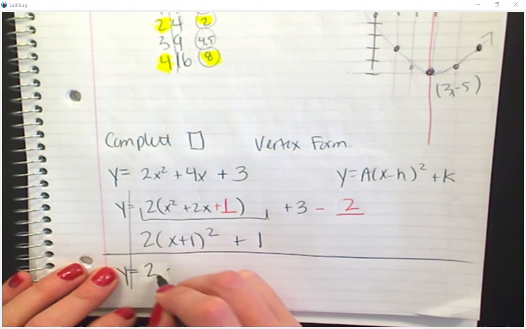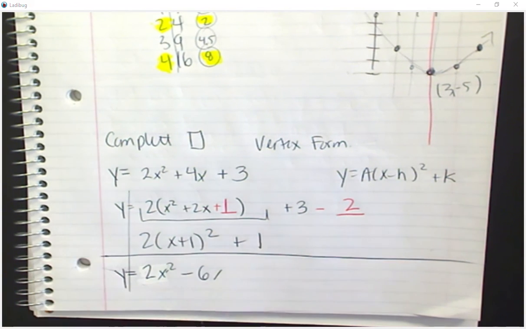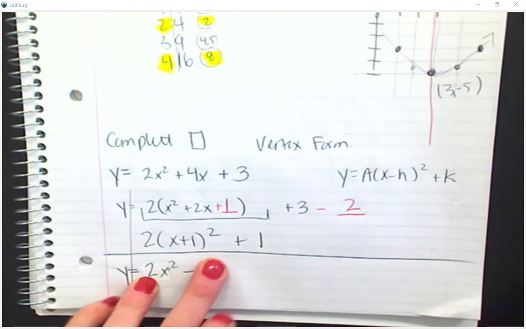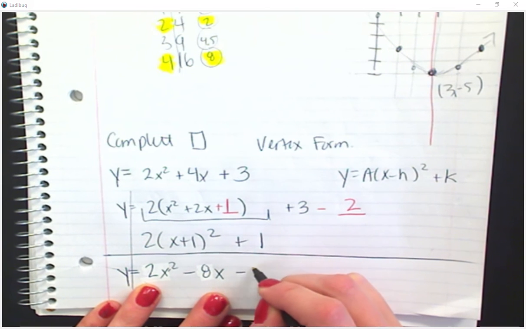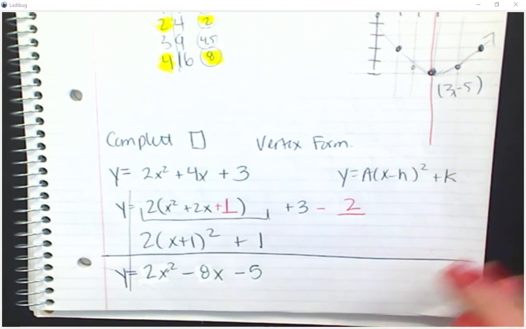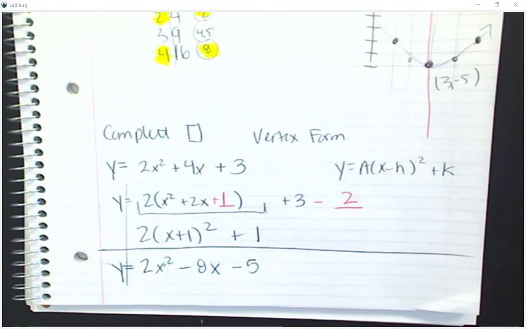Okay. 2x squared minus 6 minus 8x minus 5. Okay. Complete the square. Gotta do the setup. Find your number.